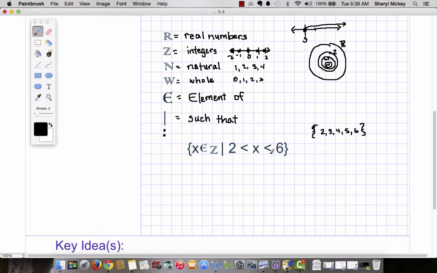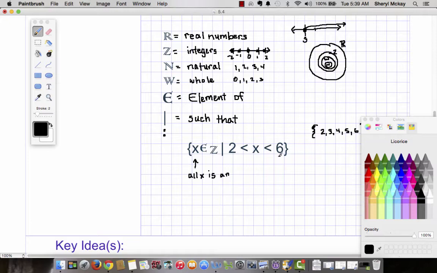And if we were going to describe it in set builder notation, we would say all x, that's what this stands for, all x is an element of the integers. Actually, I should probably do this in a different color each time so you can see it better.